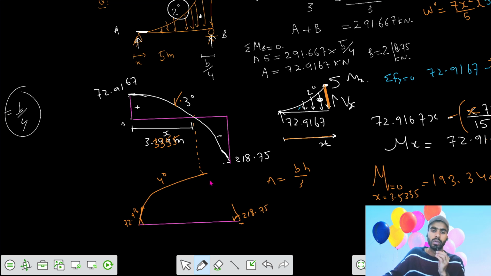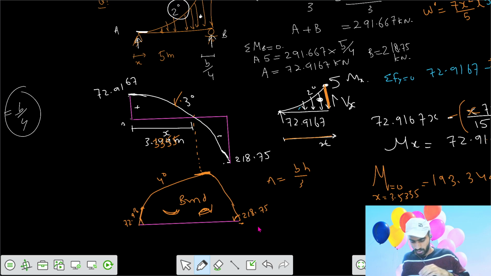That's negative. Now we join the two. Here the slope is 0. This is your BMD, positive throughout. This was all for your shear forces and bending moments.